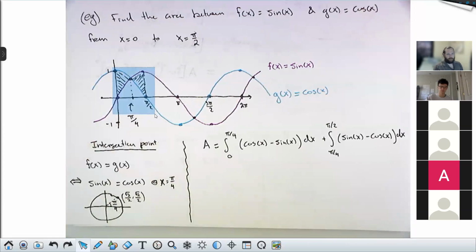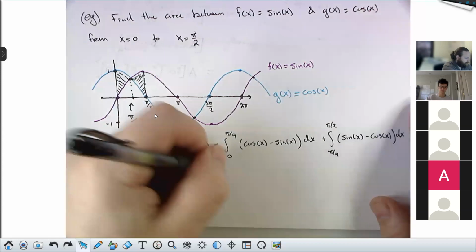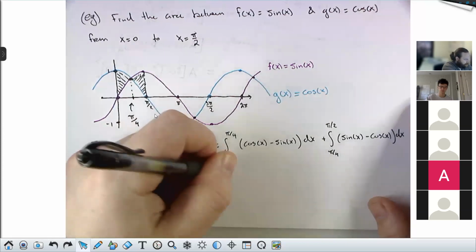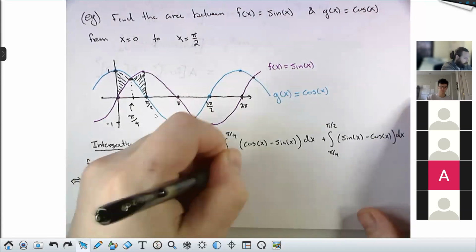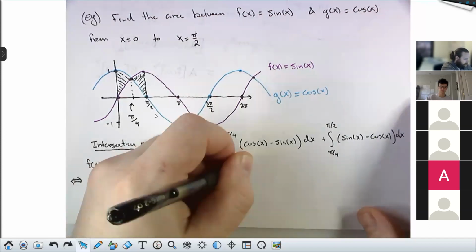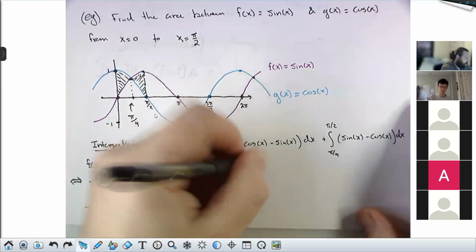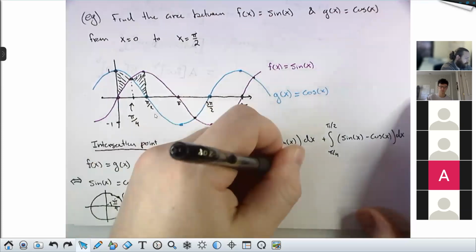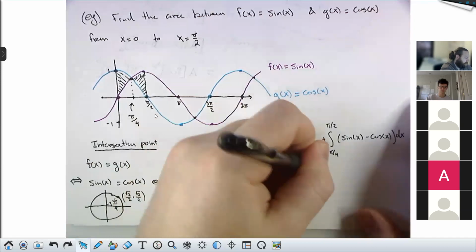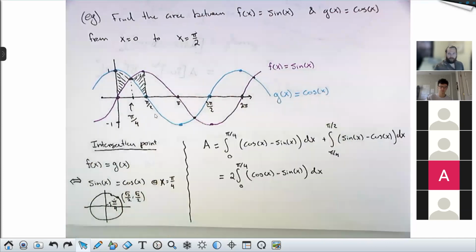And due to the symmetry of these graphs, I can actually get this as twice the first integral, integral 0 to pi over 4 of cos x minus sine x dx. On exams, you are allowed to use symmetry arguments, and I encourage you to use symmetry arguments.